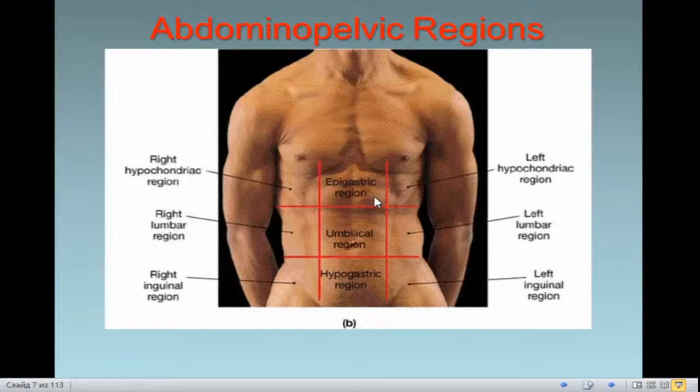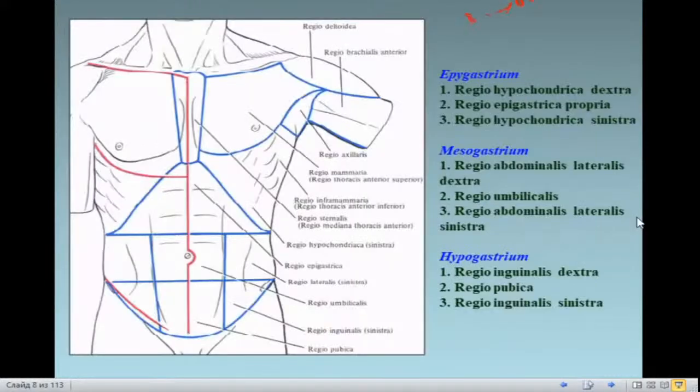Now, if we place the projection of organs onto this area, you can easily identify where the borders should be thanks to these abdominopelvic regions. So here is the division of the abdominal area into regions, and you can just take a photo and then rewrite it into your copybooks.